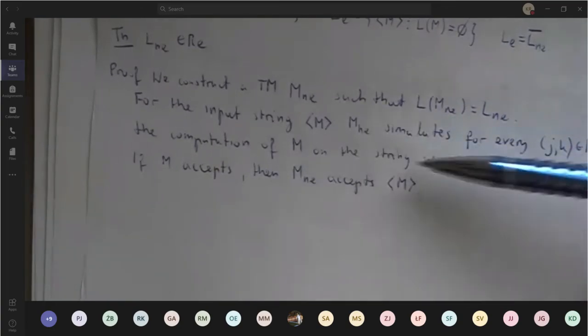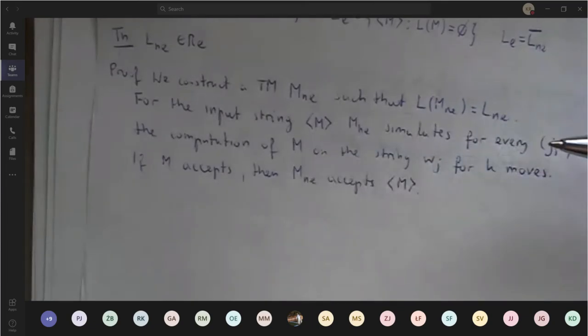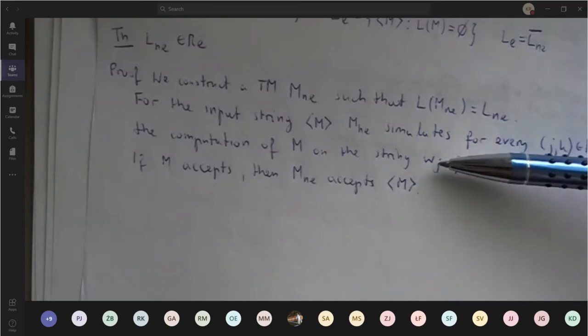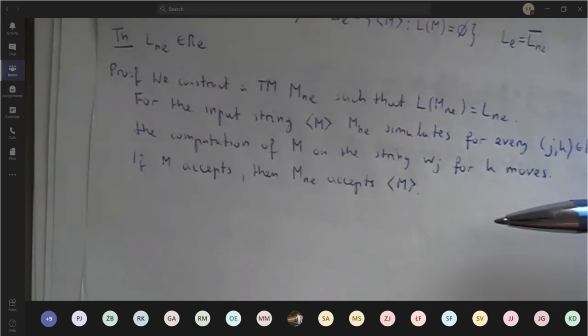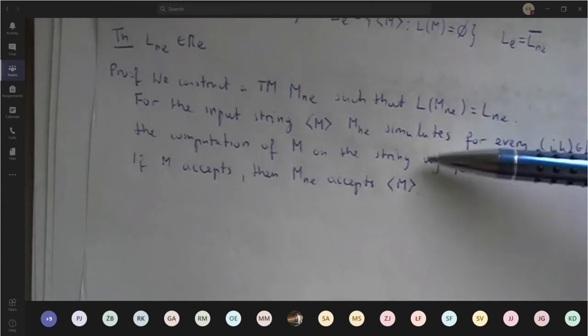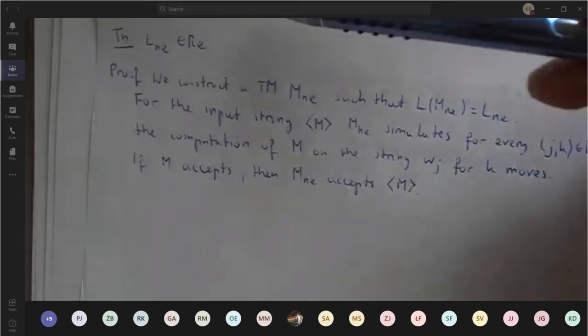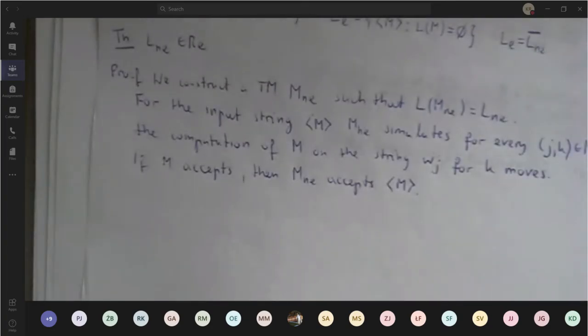So M will accept, and we know that M accepts some string, the string Wj. So the language of M is not empty. So that's why MNE accepts M. Okay?